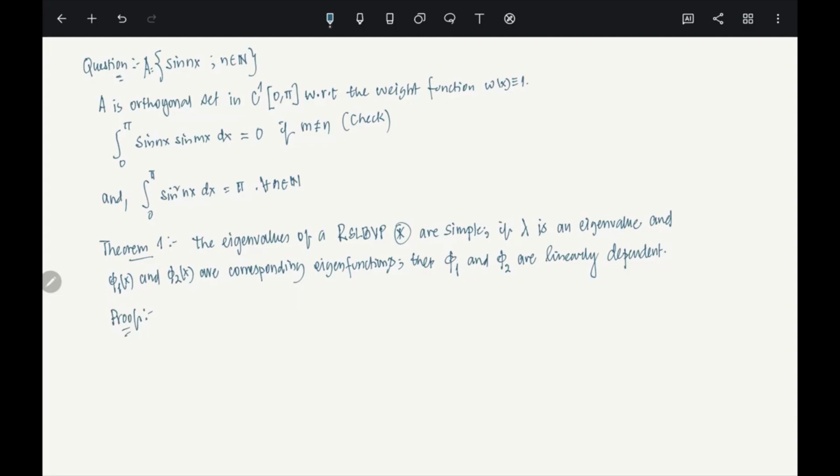Now you see that phi1 and phi2 are both solutions of what? The solutions of star with lambda.